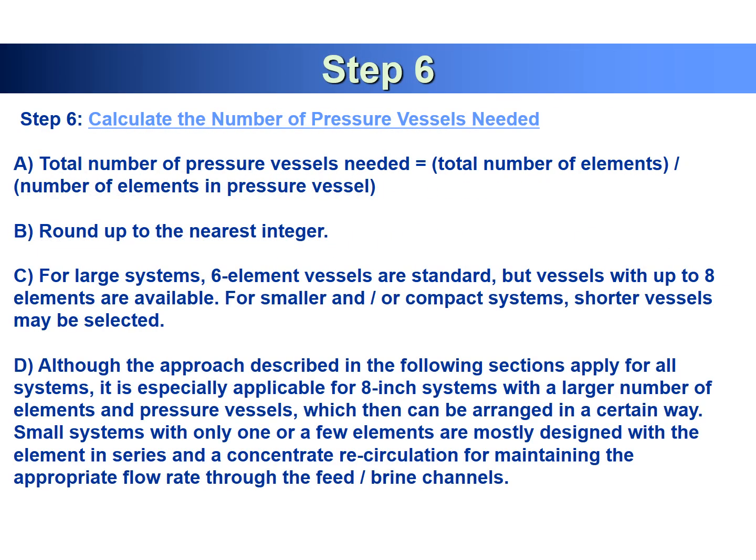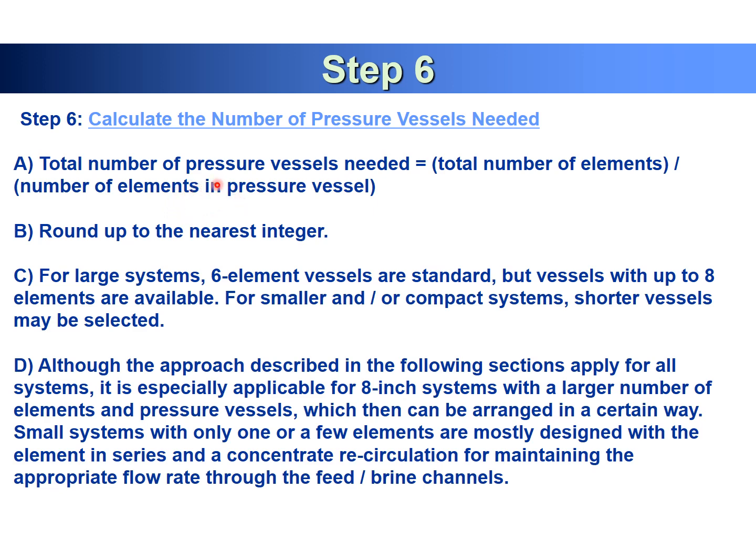Then we can calculate the number of pressure vessels needed. Total number of pressure vessels needed is equal to total number of elements. So we calculate total number of elements, let's say 70, over number of elements per pressure vessel. In general, in one pressure vessel, 7 elements.